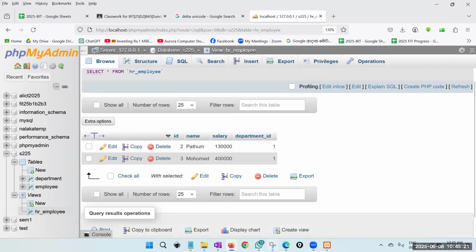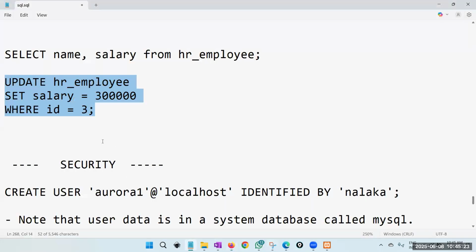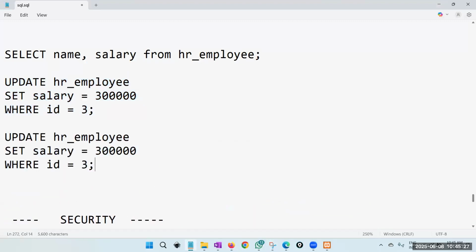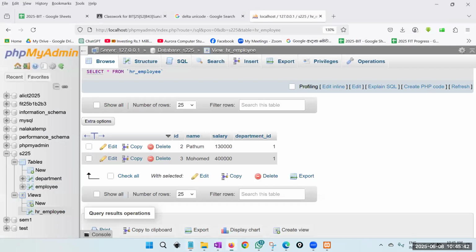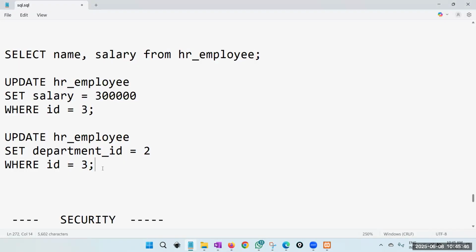Let's write it: update HR employee, set department ID to 2, where ID equal 3. Muhammad's ID is 3. But this update will take this record out of the view.